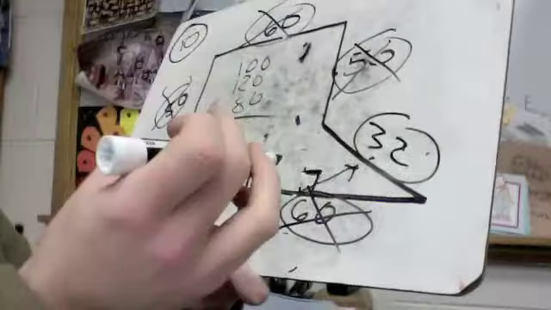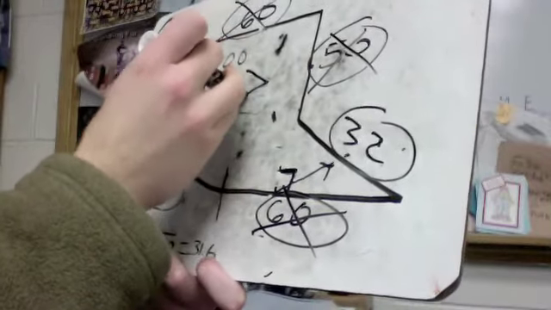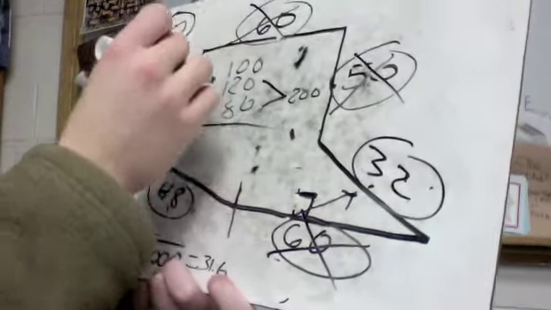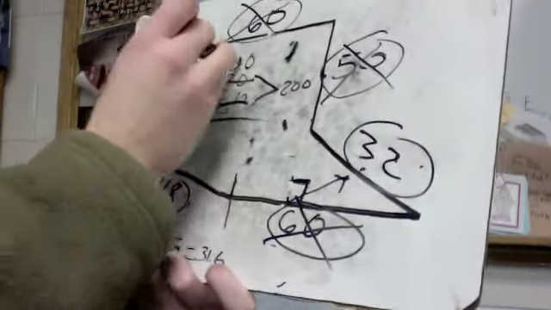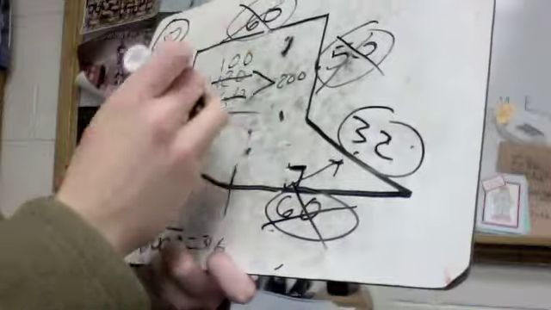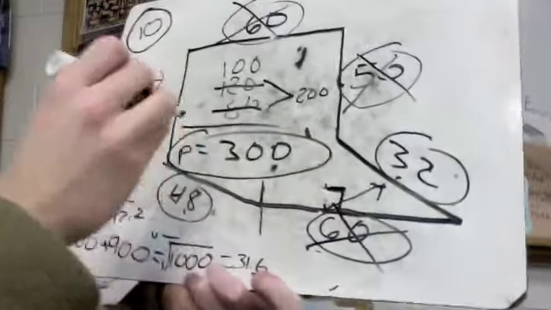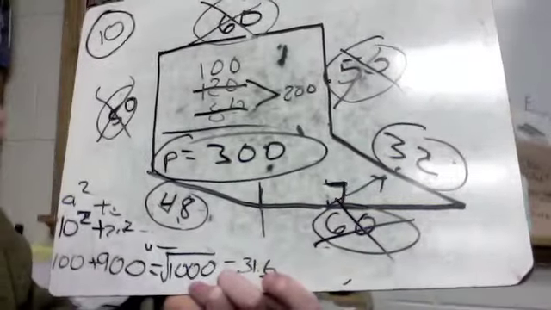We can add those together. That's going to be 200, because 80 and 20 would be another 100, and we already have 100. And then 100 plus 200 is going to be 300. So our perimeter all together for the last problem on here should be 300.